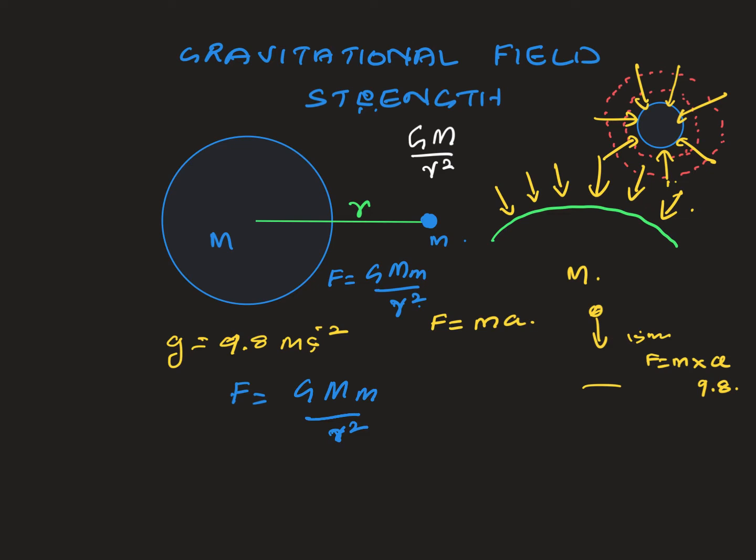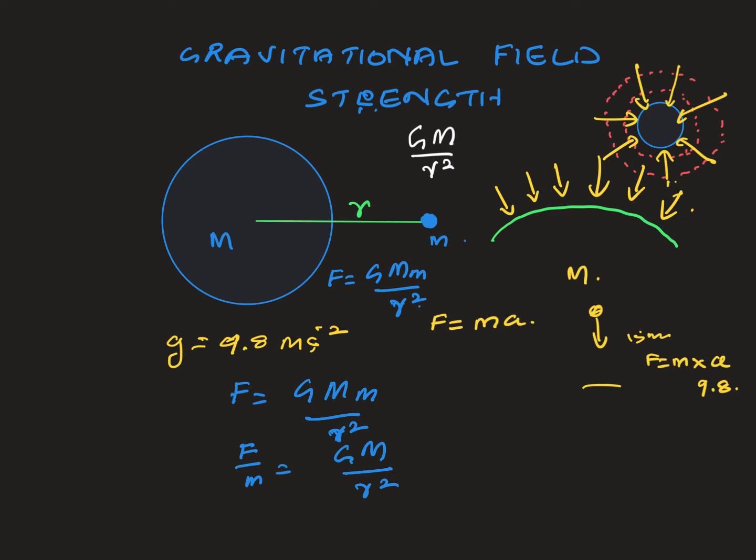We define the gravitational field strength as F over m, because we want to find the force acting on 1 kilogram of mass. So we remove this m, and that becomes G m over r squared. That's what we call gravitational field strength.